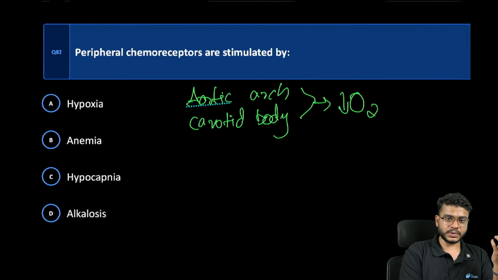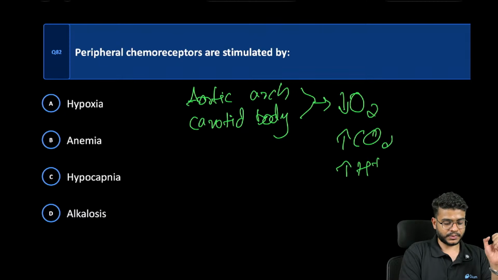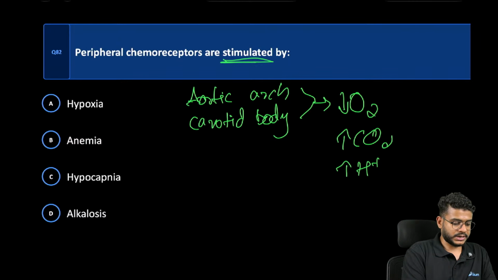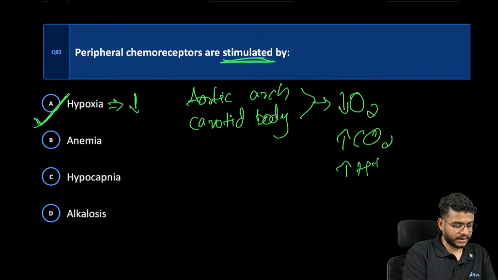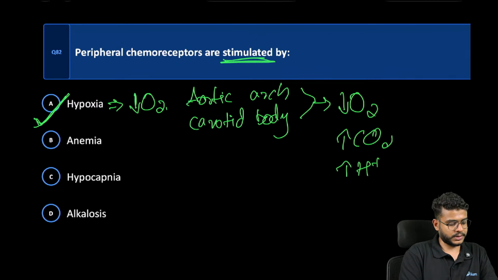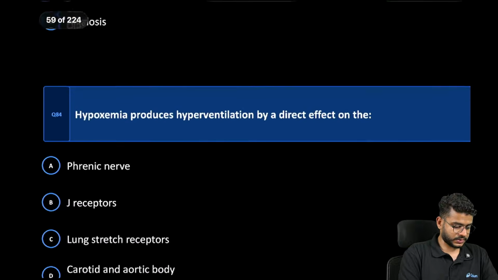Okay, also to a slight amount by increasing carbon dioxide and increasing hydrogen ions. So stimulated by, yes, first option, hypoxia. Hypoxia is what? Lack of oxygen. Okay, easy. Okay, the next question.